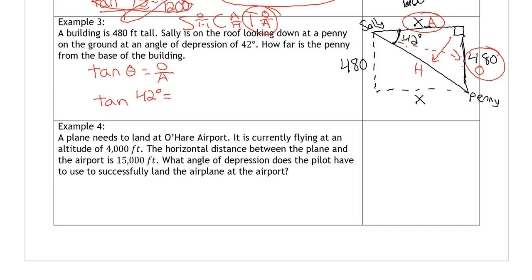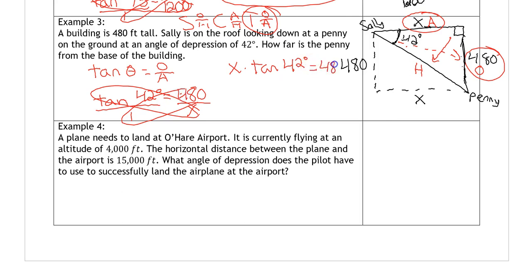My opposite is 480, over my adjacent, which is my x. I'll put that over 1, and I'll cross multiply. So I have x times the tangent of 42 degrees equals 480 times 1, which is 480.